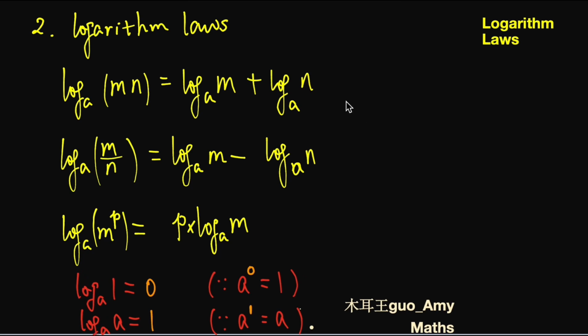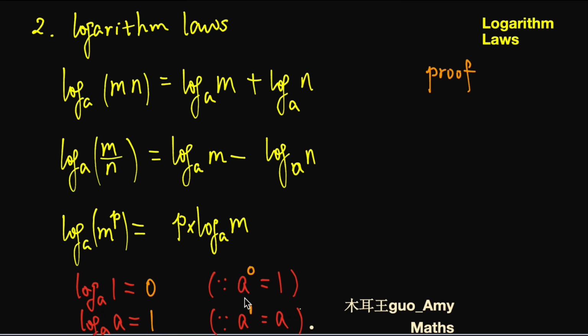These are the three important laws for logarithm, and we can use exponential form to prove these laws. In addition, we are going to remember the following two identities. It means log 1 to base a will always be 0, and log a to base a is always equal to 1.